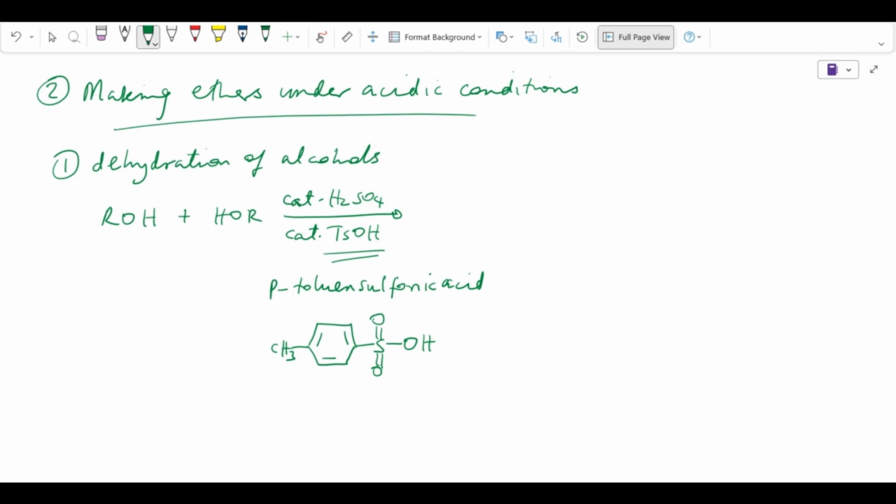So this is p-toluene sulfonic acid. It's para because the CH3 and the sulfonic acid group are in this position from each other, which we call the para position.